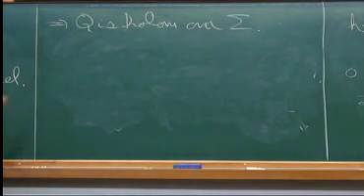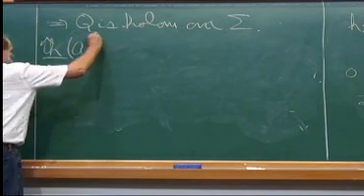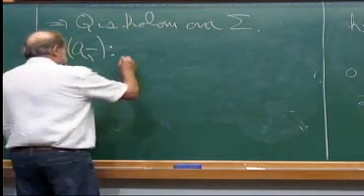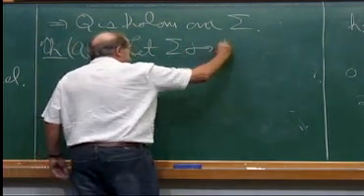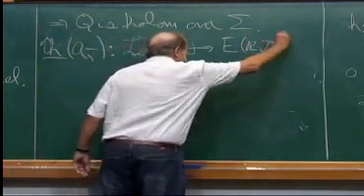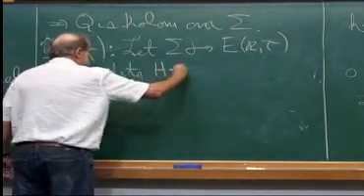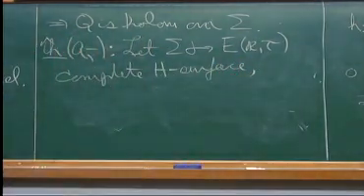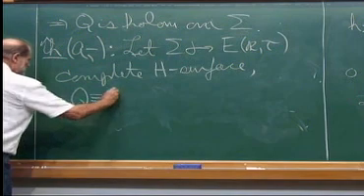Well, we're able to prove this theorem. Suppose you take a complete H surface in this homogeneous space, constant curvature H, such that this quadratic differential is 0 on the surface.